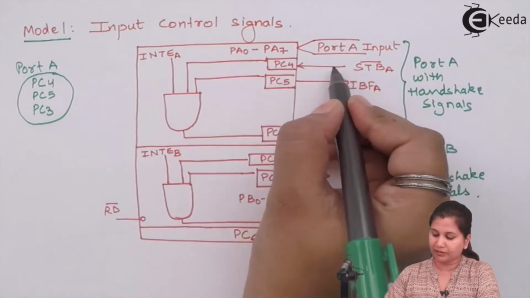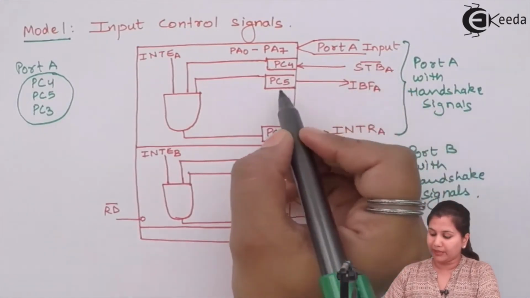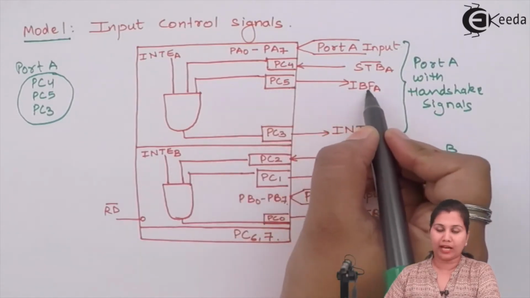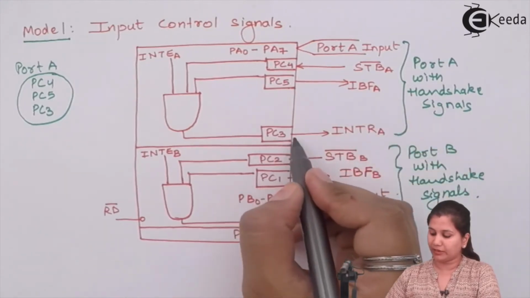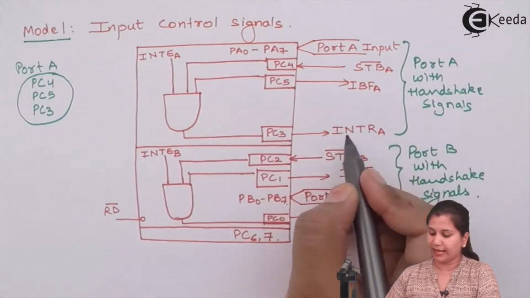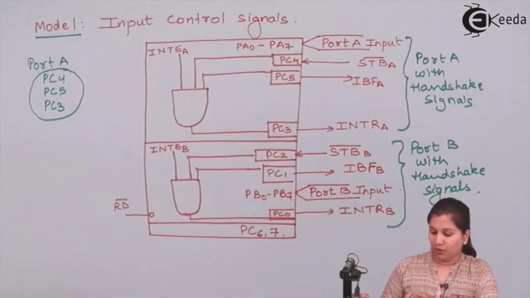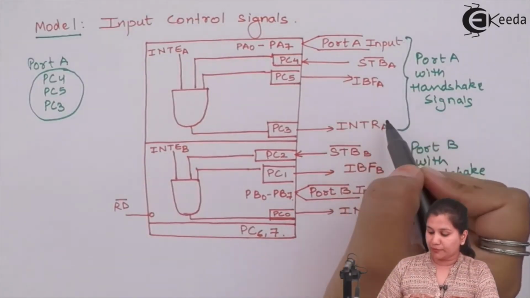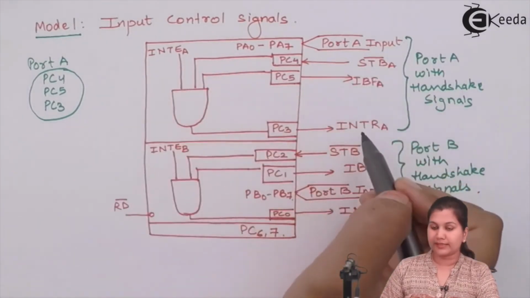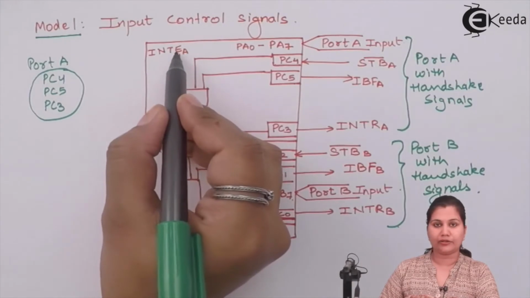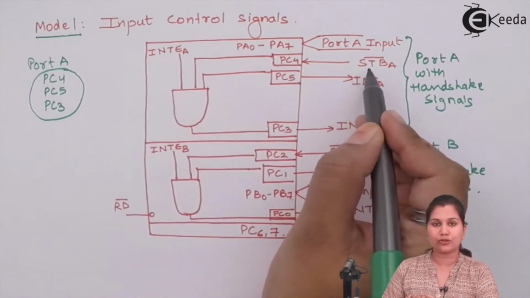PC4 has the handshake input strobe for A. PC5 has IBF, that is input buffer full for port A, and PC3 is generating the handshake signal INTR, which is interrupt request for port A. So this A subscript is for port A, denoting the 4 signals: INTE, interrupt enable; INTR, interrupt request; IBF, input buffer full; and strobe.